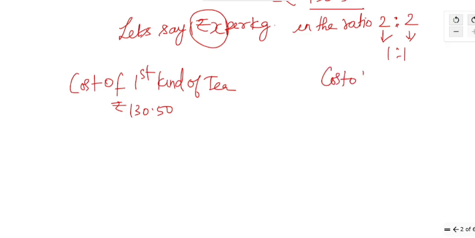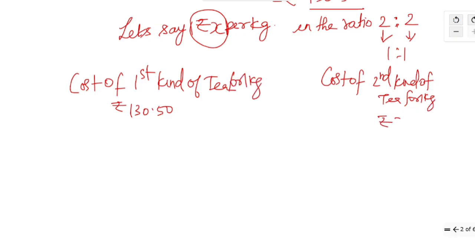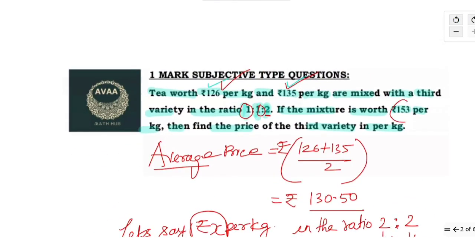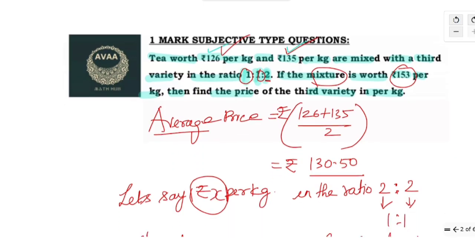And cost of the second variety, that is our third variety, for 1 kg, everything is for 1 kg, that is actually rupees X that has to be found. Mean price has been provided in the question. It has been given as 153 rupees per kg. So that has to be written here.